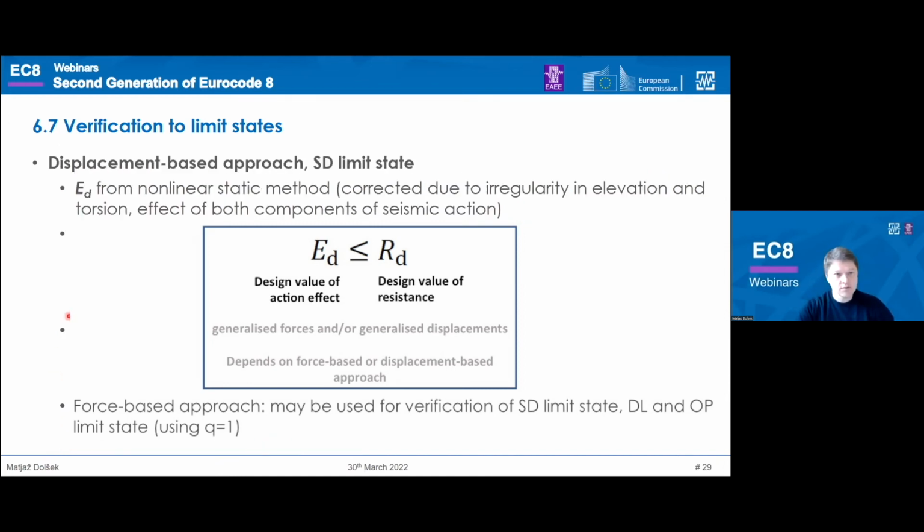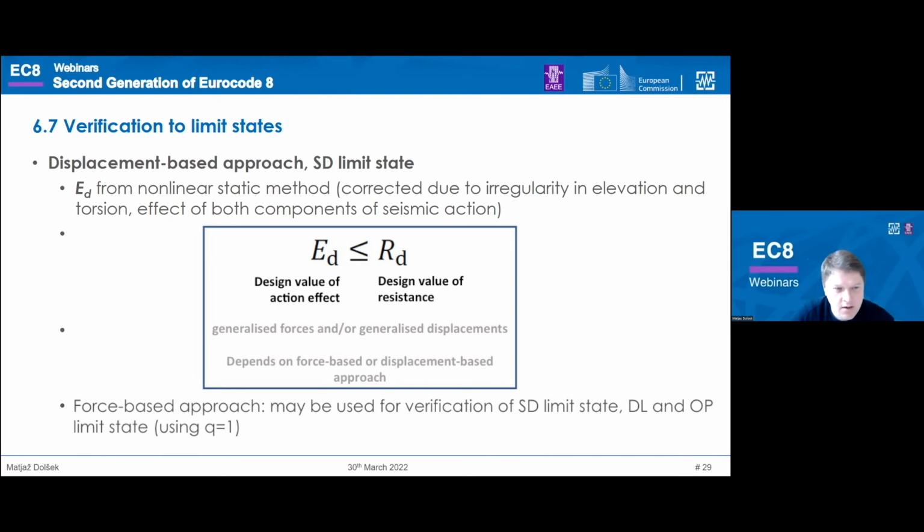Then for the displacement-based approach, I will not go into details because it was already explained by Professor Bisch. There are basically two ways to do it. One is that the resistance is checked based on ultimate deformation at the member level. And in this case, a distinction is made between the ductile mechanism and the brittle mechanism.